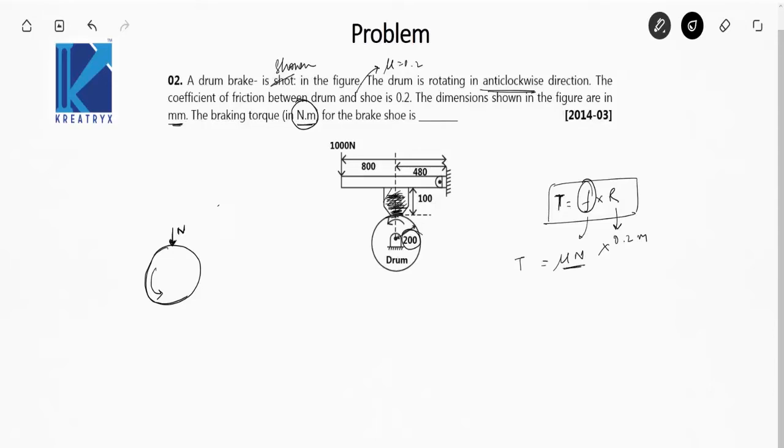So it will be exerting a friction force in the opposite direction of the rotation of the drum. So this is the friction force. Similarly, if you draw the FBD of the lever with this braking pad, let me draw it clearly.